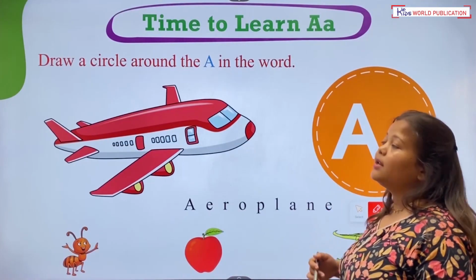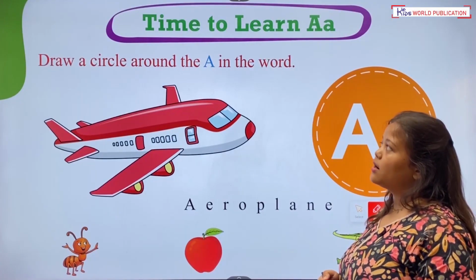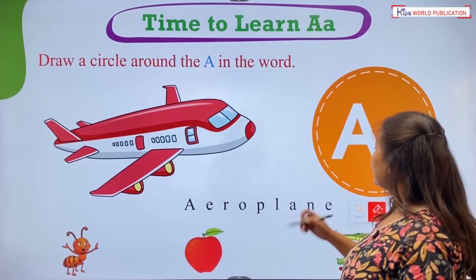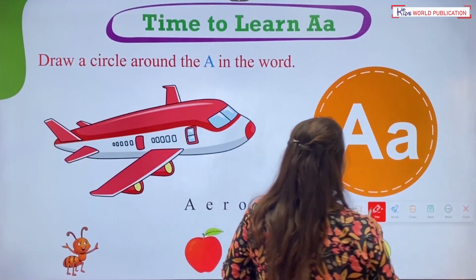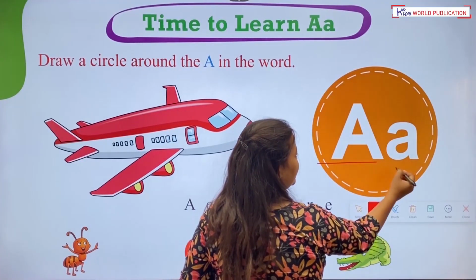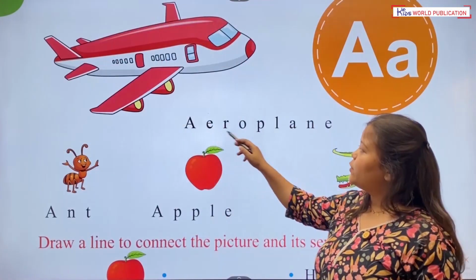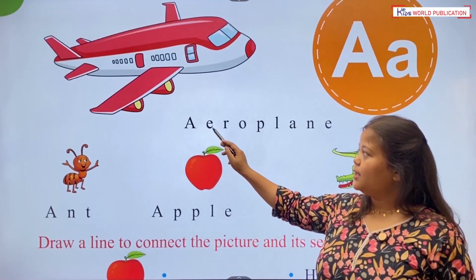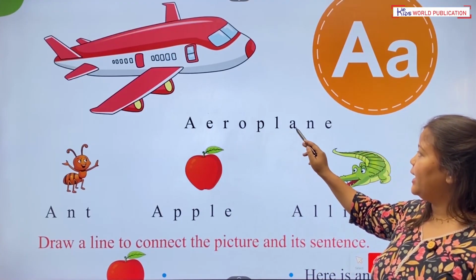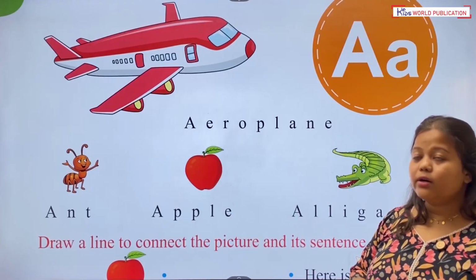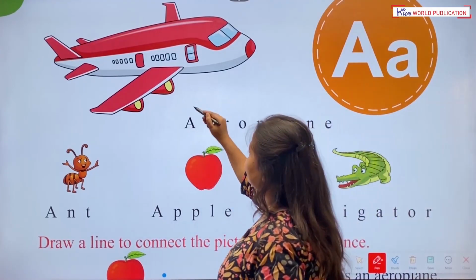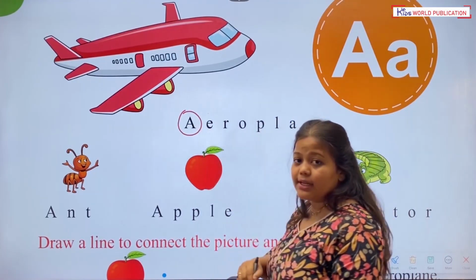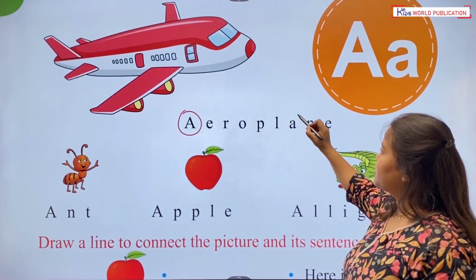Time to learn A. Draw a circle around the A in the word. Kids, this is alphabet A, capital A and small a. Aeroplane, A-E-R-O-P-L-A-N-E. So here we will circle the letter A. This is capital A and also a small a.